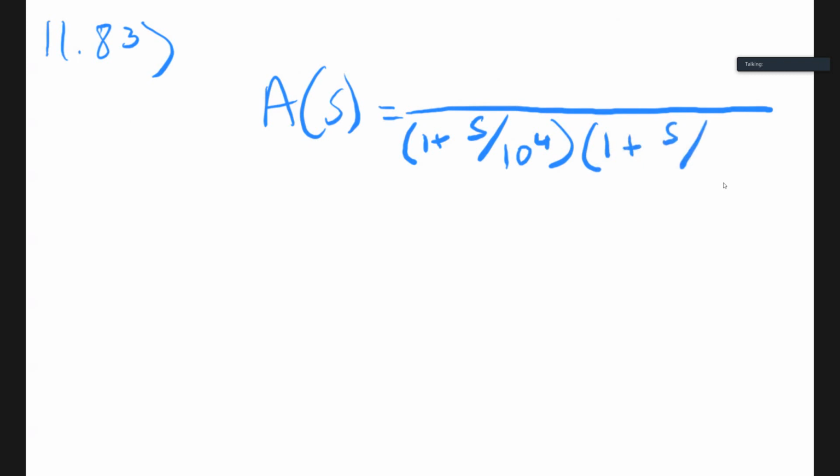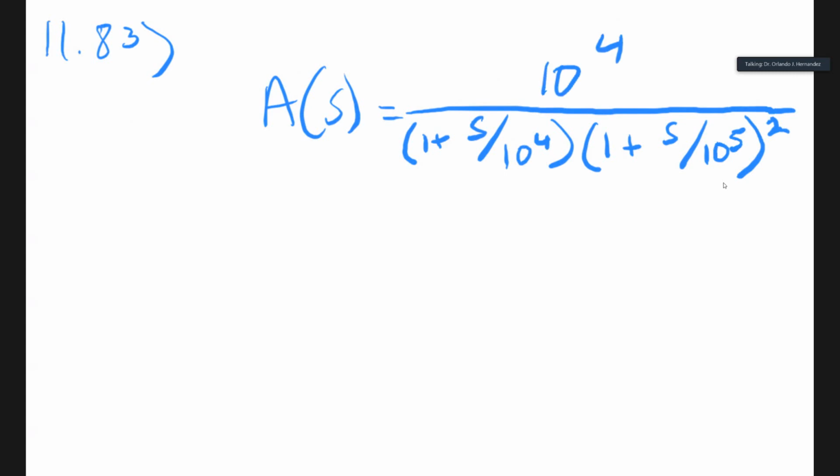Let's see. Looks like a 5 there. That's a 2, so double pole, and this is 10 to the 4th.